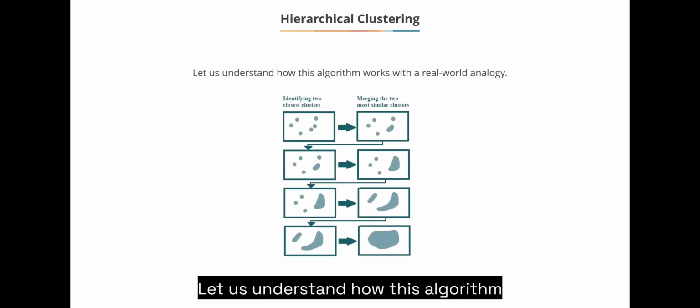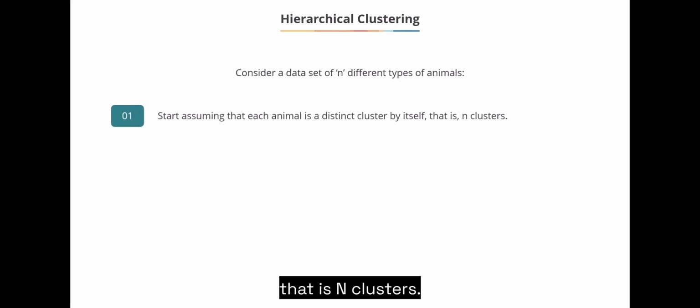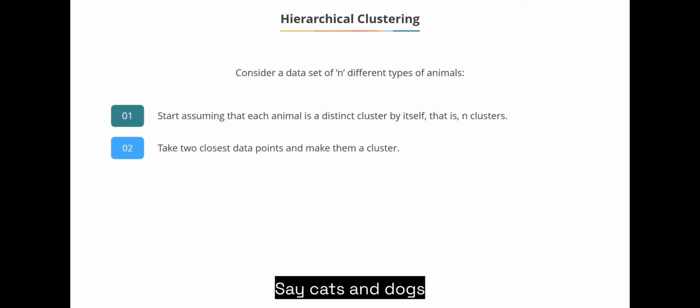Let us understand how this algorithm works with a real-world analogy. Say you have a dataset of n different types of animals. We will start by assuming that each animal is a distinct cluster by itself, that is, n clusters. We will take some two closest data points and make them into a cluster, say cats and dogs. We now have n minus 1 clusters.